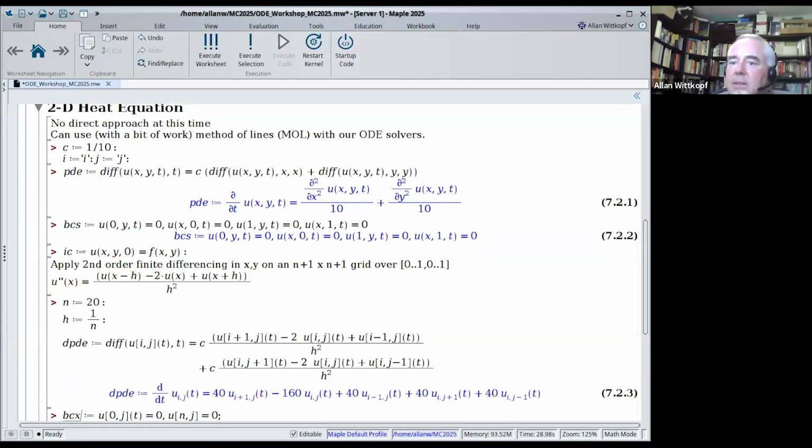So now our discrete PDE is obtained by this discretization to say, well, we have a bunch of U's on an IJ grid.